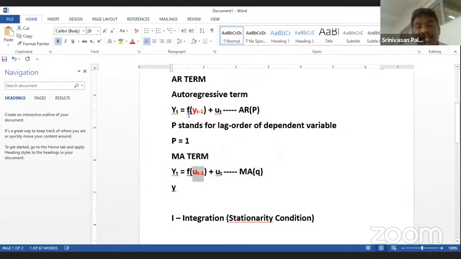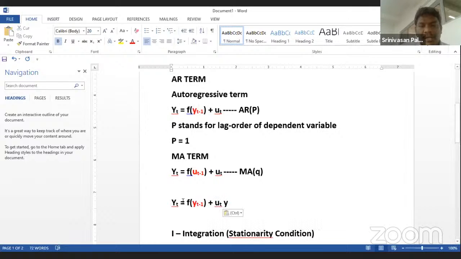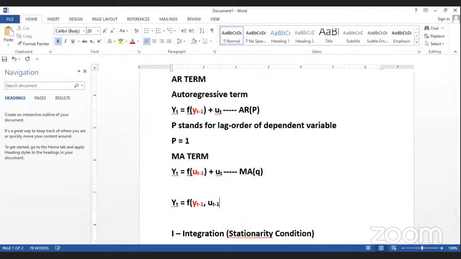Now I'm going to combine these, then you will be able to follow. Please listen. I'm going to write this equation. YT is a function of YT minus 1 plus, tell me, plus another term, what is it? UT minus 1. UT minus 1 is the moving average term.